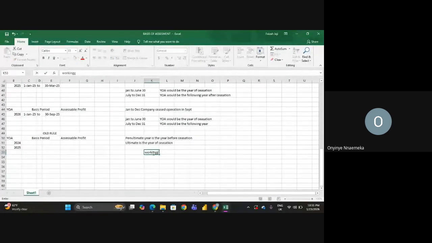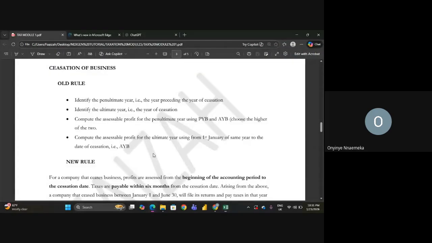For the penultimate year 2024, you compute based on preceding year basis, compute based on actual year basis, then you choose the higher of the two. But for the ultimate year, it is actual year basis, January to date of cessation. No dispute.